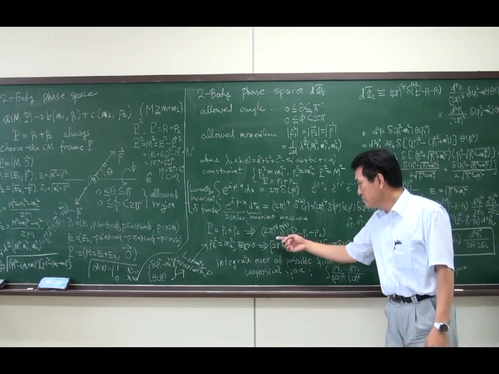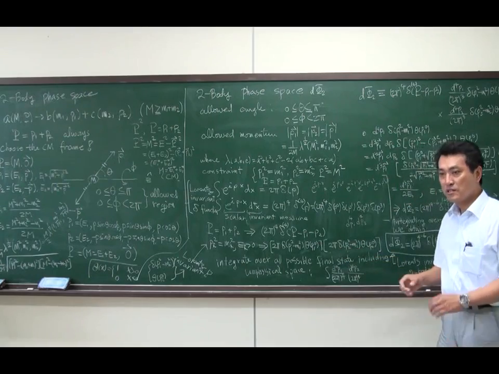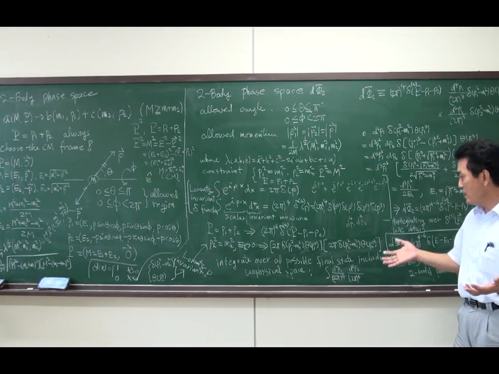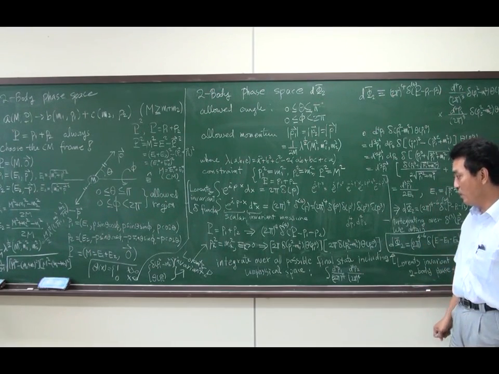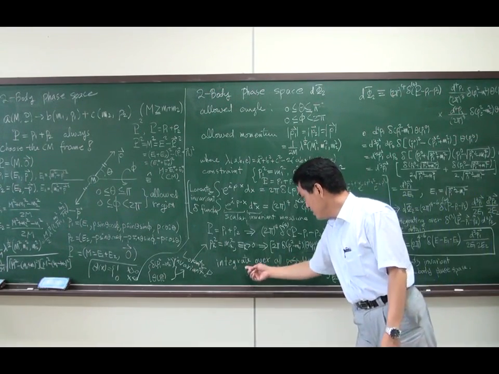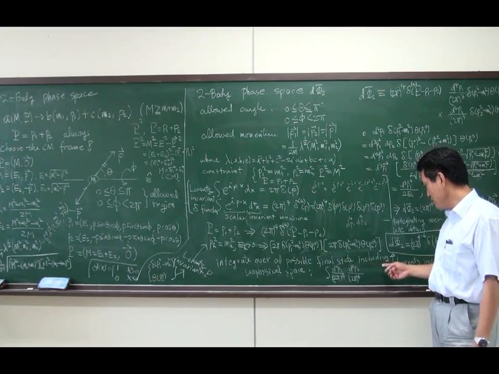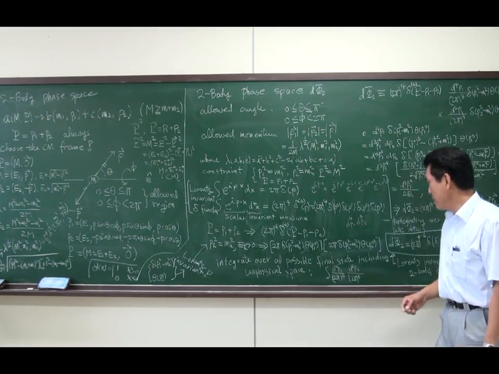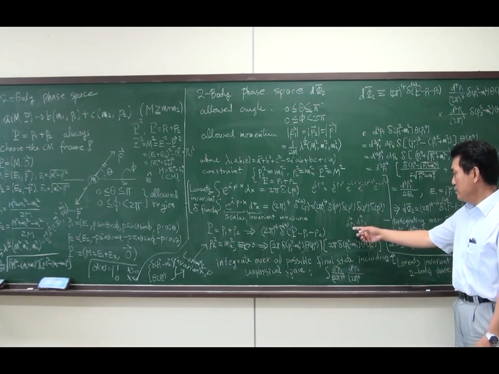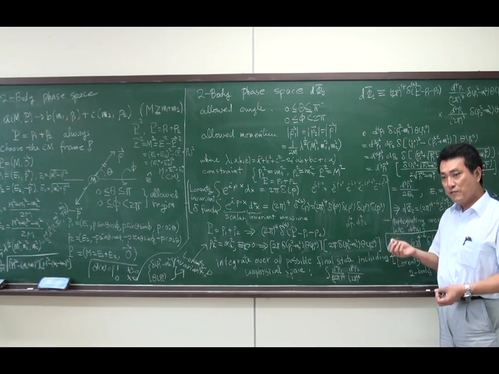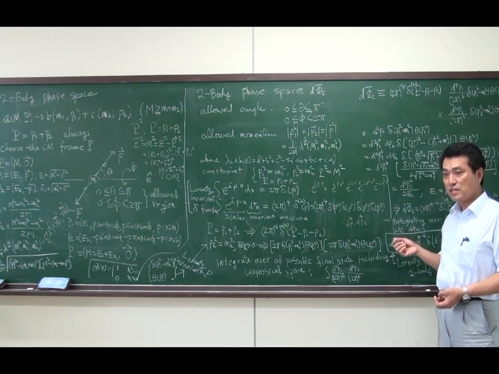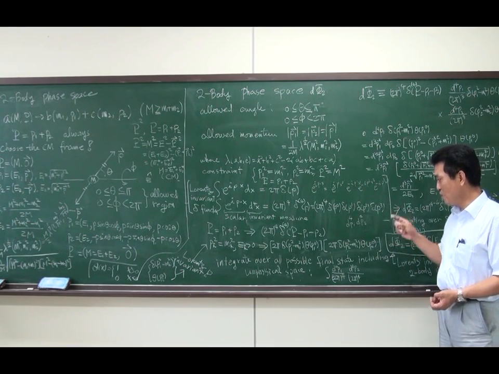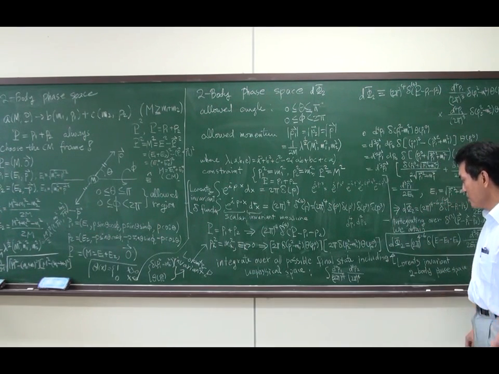Then these delta functions will kill any contribution that is unphysical and keep only the physical quantity. So we now integrate over all possible final states, including unphysical space. That means integrating from minus infinity to infinity for each component of P1 and P2: P10, P11, P12, P13, and P20, P21, P22, P23.